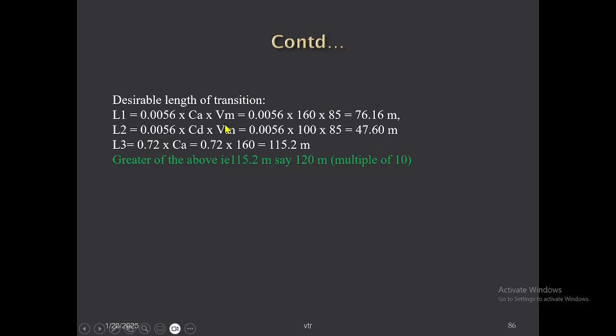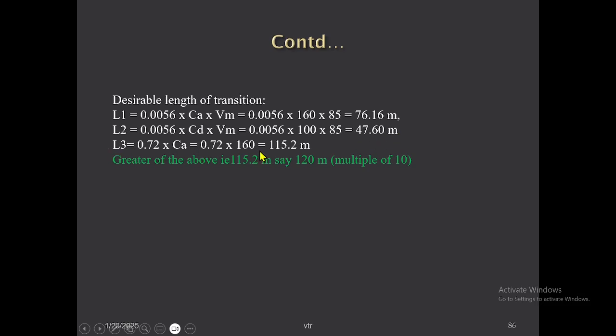Okay, 3 equations. In the first formula we are substituting cant actual 160, which we have calculated as Ca, and 85 is the permissible speed on the curve. So substituting here, for the first condition we get the length of transition L1 equal to 76.16 meter, and for the second condition we got 47.6 meter.